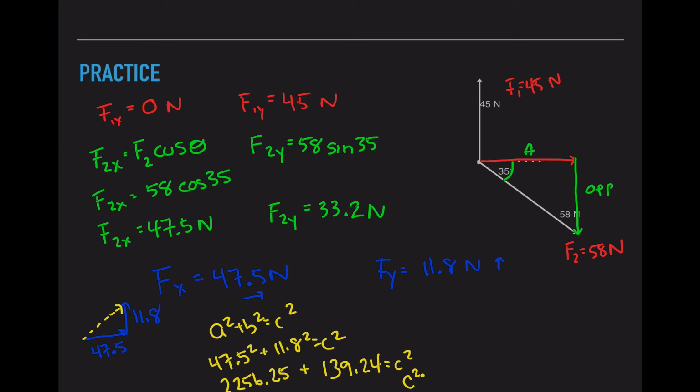C squared equals 2,395.49. Square root both sides, and C equals 48.9 newtons. So our hypotenuse is 48.9 newtons.